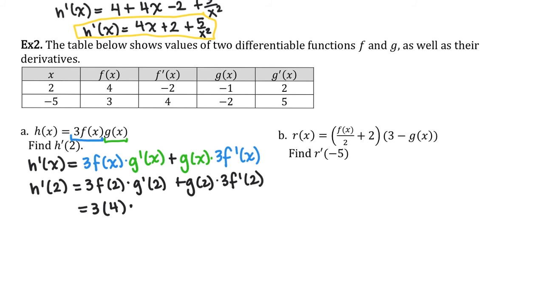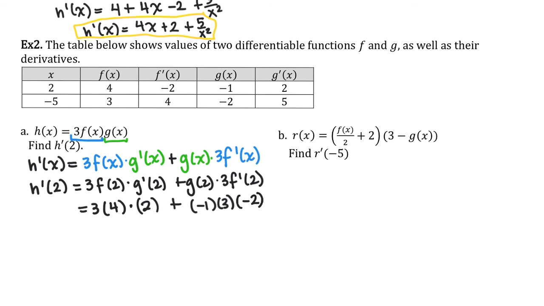G prime is here, 2 is here. So g prime of 2 is 2, plus g of 2. Here's the g column. X is 2, so g of 2 is negative 1, times 3 times f prime of 2. F prime is here. F prime of 2 is negative 2.